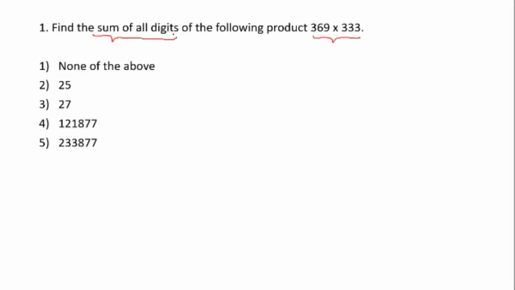If we multiply this correctly, it's equal to 122,877. So we have to add all of the digits: 1 plus 2 plus 2 plus 8 plus 7 plus 7. That's equal to 27, option 3.